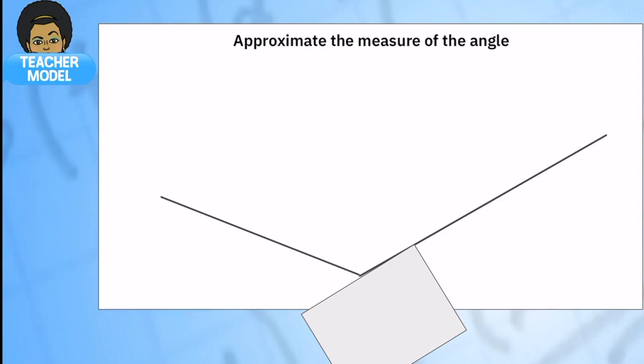So I'm just going to make a guess and say that maybe this is about 120 degrees, because the halfway point, remember, was 135, but this looks like it's a little less than halfway between 90 and 180. So that's going to be my guess on this one.